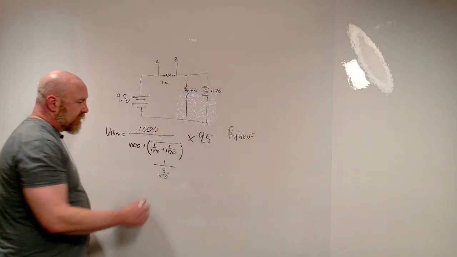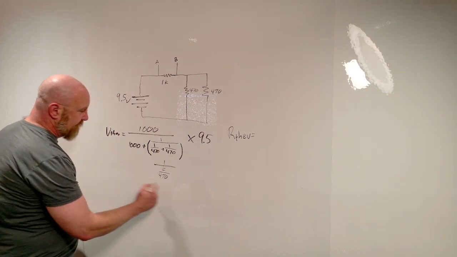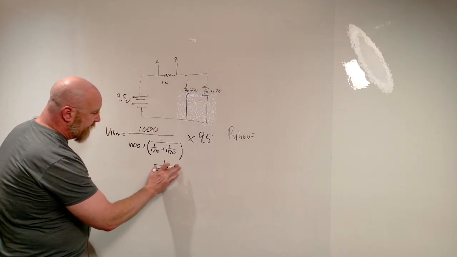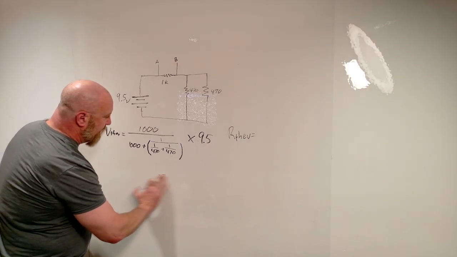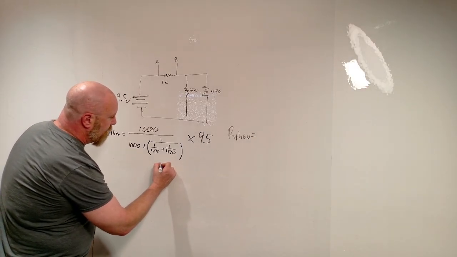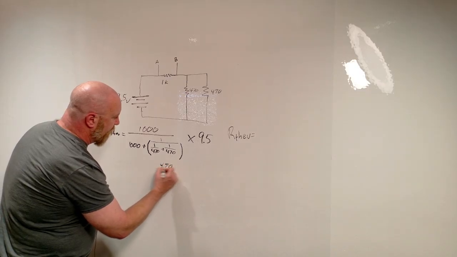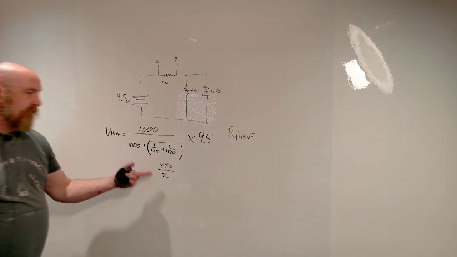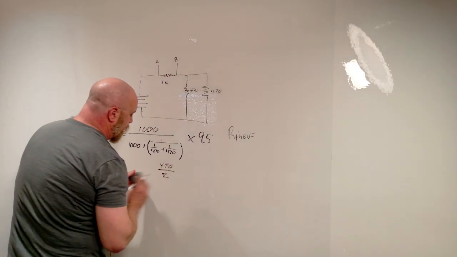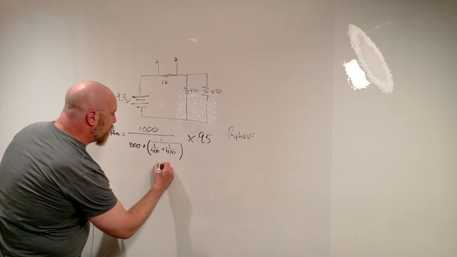Just 235. So if we do the 1 over that, we can get rid of that. That equals 470 divided by 2, which equals 235.